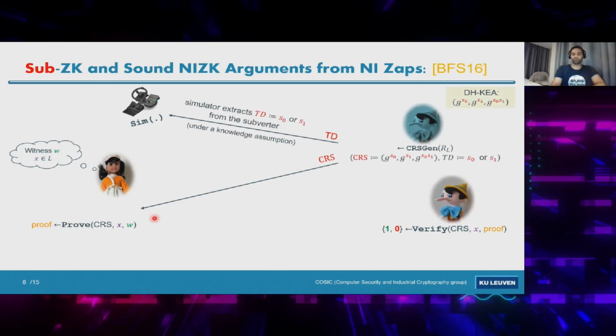To deal with this problem, they started to define a CRS as a tuple of a knowledge assumption. And then they showed that since it is a knowledge assumption, we can verify it. So if this tuple verifies, then we know that this adversary should know these trapdoors. That allows the simulator to extract the simulation trapdoors directly from the malicious CRS generator rather than getting them directly. Basically, because you don't trust this party, you extract them.